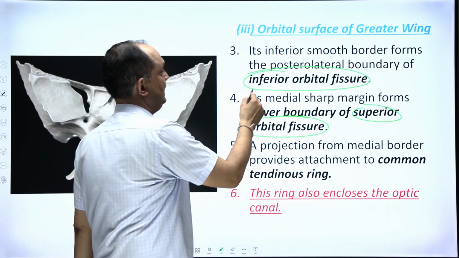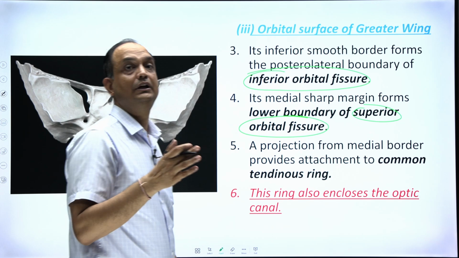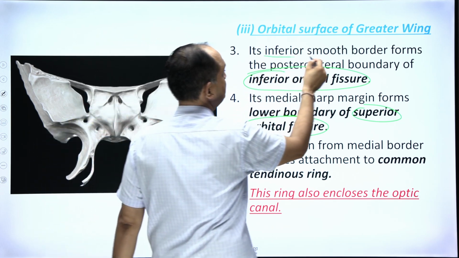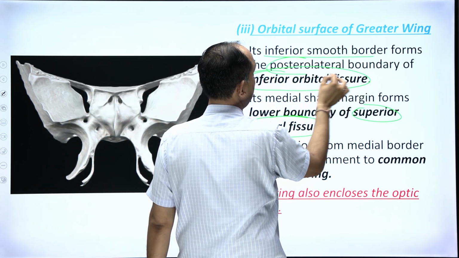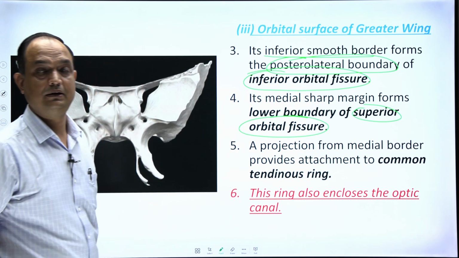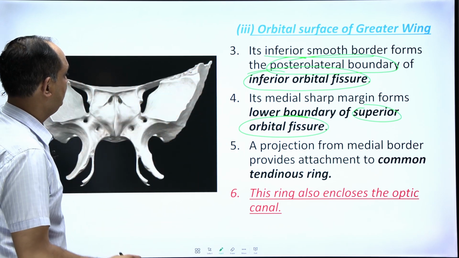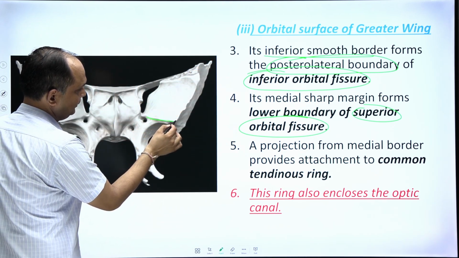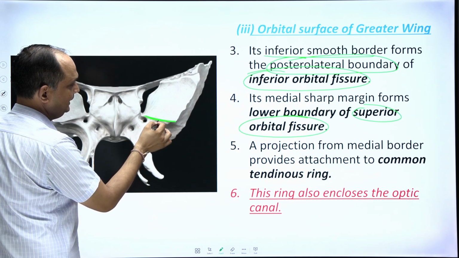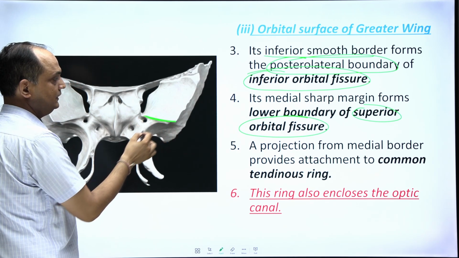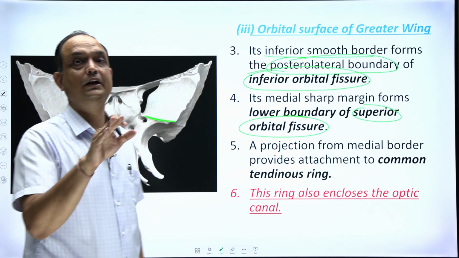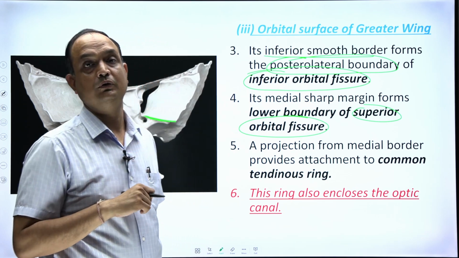So how are the superior and inferior orbital fissures formed? The inferior smooth border forms the posterolateral boundary of the inferior orbital fissure. Along the inferior border you will have the inferior orbital fissure, and through this fissure your orbit communicates with the infratemporal fossa.